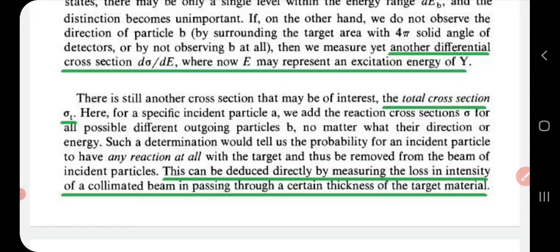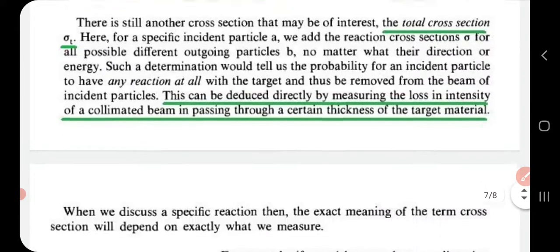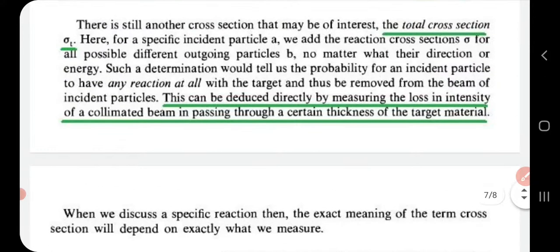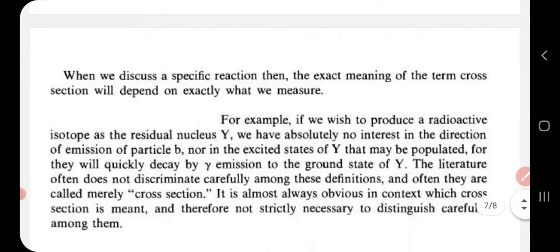Such a determination will tell us the probability for an incident particle to have any reaction at all with the target and thus be removed from the beam of incident particles. So this can be calculated directly by measuring the intensity loss of a collimated beam after passing it through a certain thickness of target material. So that is about the total cross section.